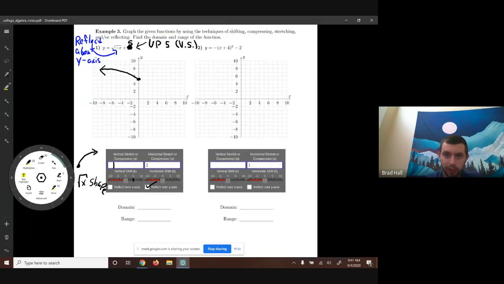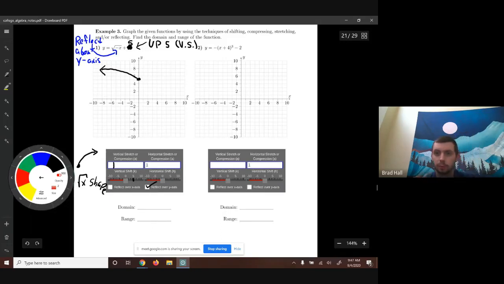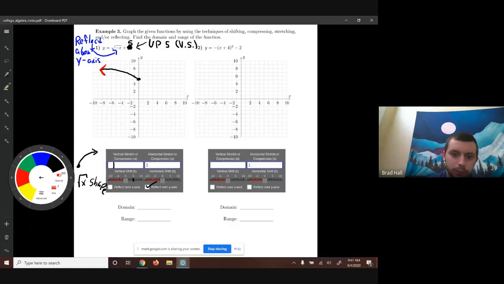So remember, the domain is left to right, and it deals with x values. What's the furthest to the left we can go? We see that there's an arrow, which tells us negative infinity. And what's the furthest to the right we can go?